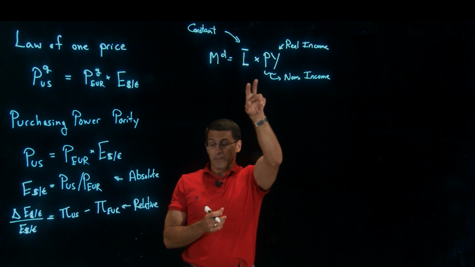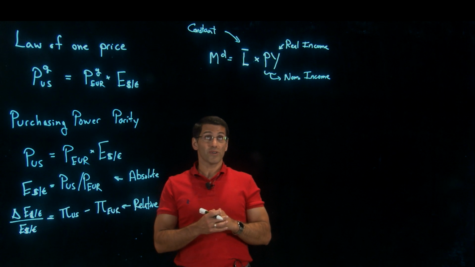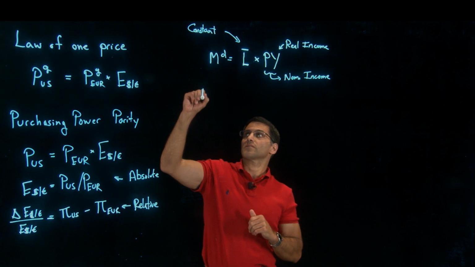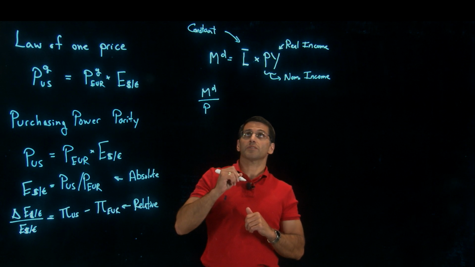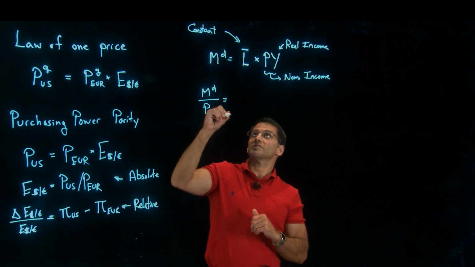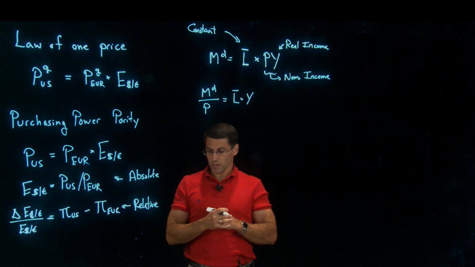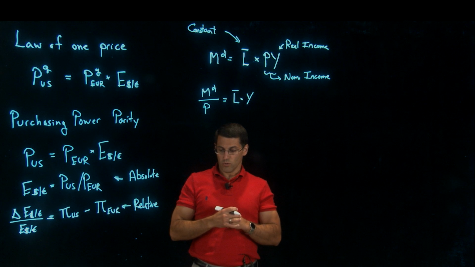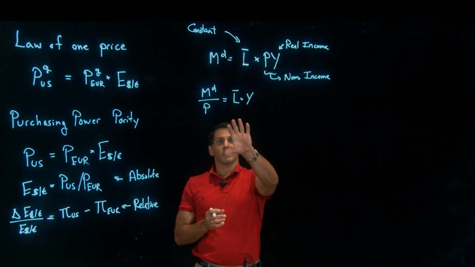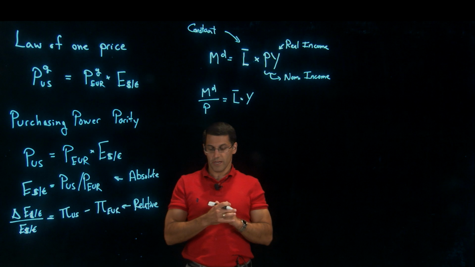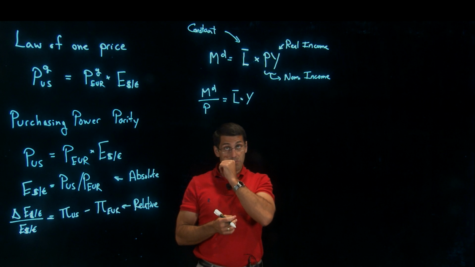So we can take this equation and rearrange it and say that real money demand, so that's money demand divided by the price level, is equal to this constant times real income. And so what does that do for us? Well, we can imagine setting money demand equal to money supply.